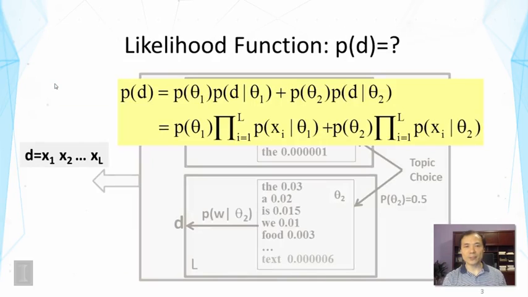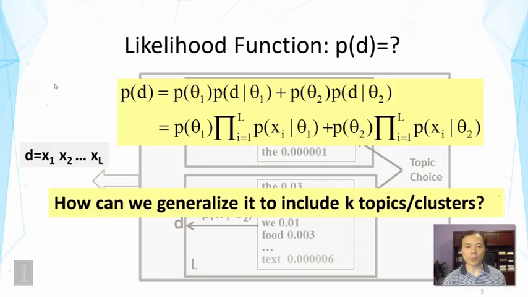So this is a slide that you have seen earlier, where we have written down the likelihood function for a document with two distributions in a two-component mixture model for document clustering. Now, in this lecture, we're going to generalize this to include K clusters.